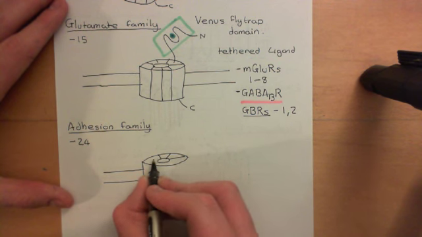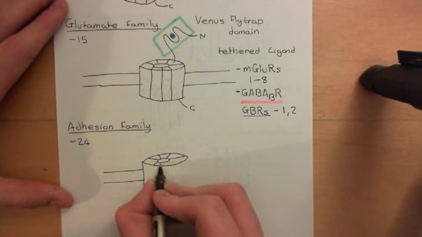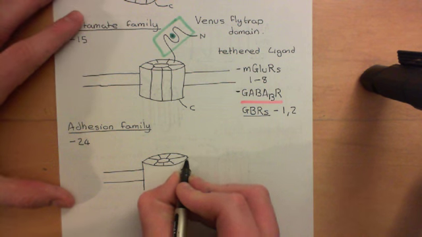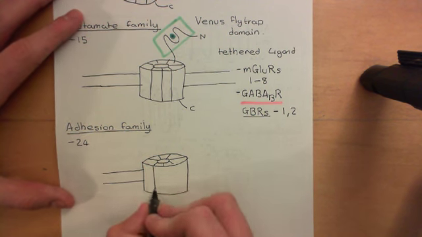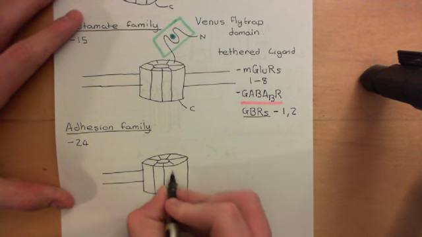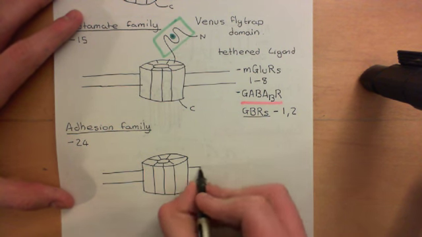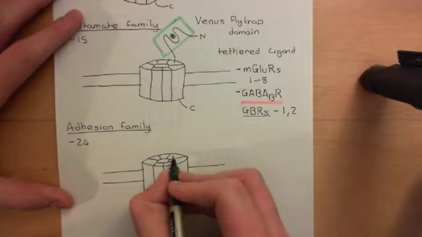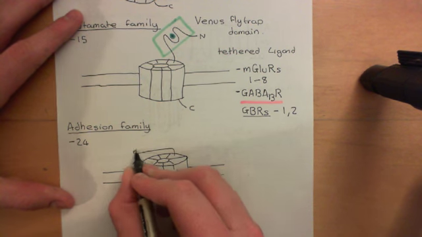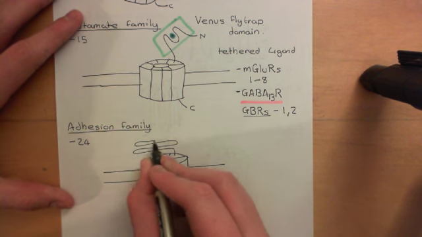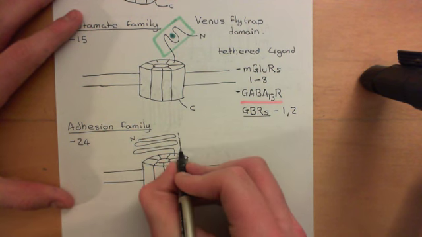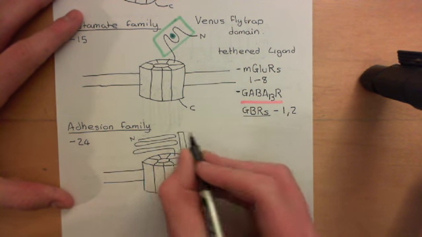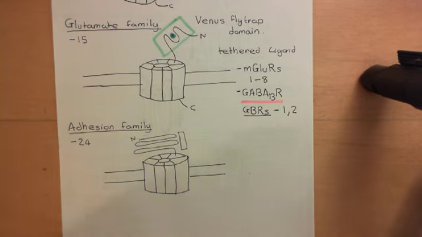So let me just show this. So here are, again, the 7 membrane spanning alpha helices forming the 7 helix bundle here, like so. And now I will show the large amino terminal domain coming up here. So a very, very large amino terminal domain here. This is then going to be binding to components of the extracellular matrix, which I'll demonstrate here.